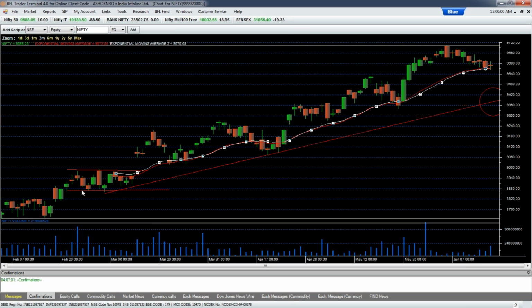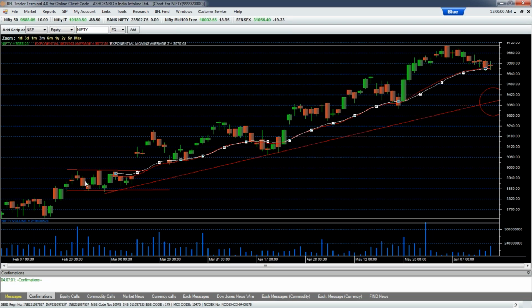So if it is going sideways, you will have nothing much to do other than scalping. You will not be able to do a trend analysis. Contra will work in channels.